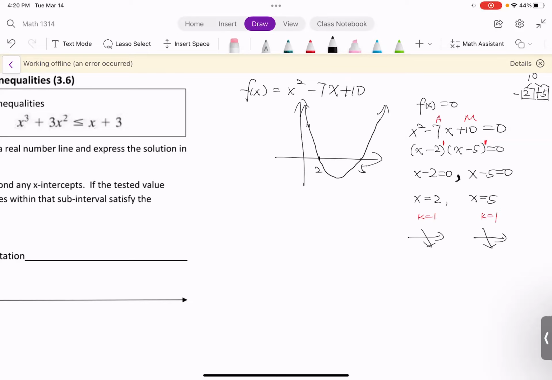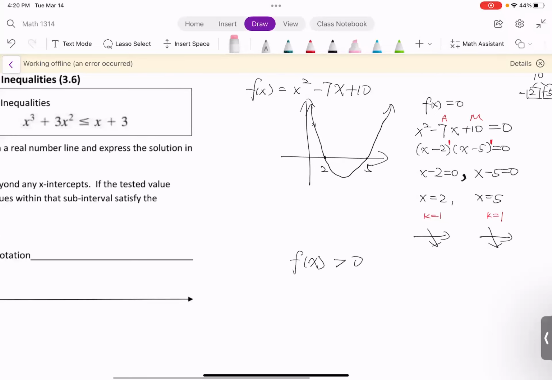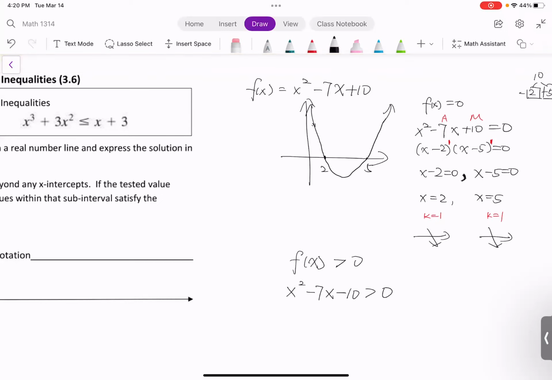of the function f. Now I'm asking you, when is f of x greater than 0? That means I'm looking for x squared minus 7x plus 10 greater than 0. And what is the interval notation of x, or what is the domain of x? So look at the graph.